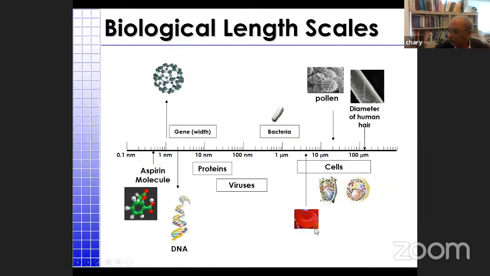And then we go into red blood cells, which are between 1 to 10 microns. And once you get into bacteria, which we all know, they are of the size of a micron. Then when you get into the nanoscale, which is 10 to 100 nanometers, you get into species such as proteins and the viruses. The COVID-19 virus that we are talking about is approximately 120 nanometers.